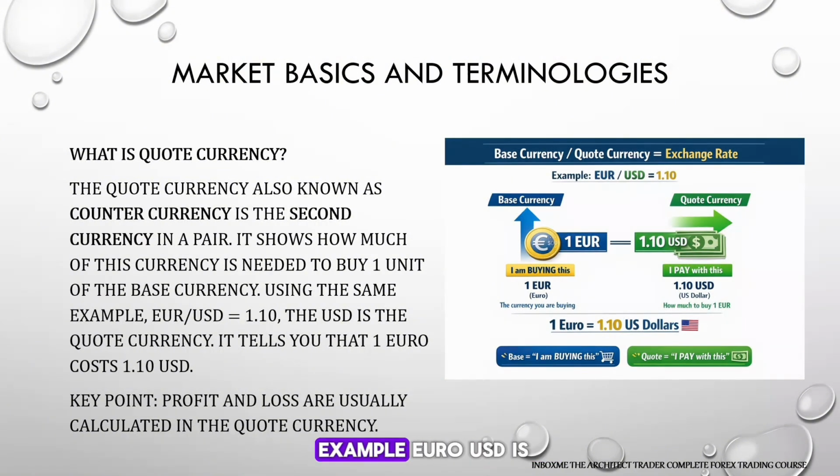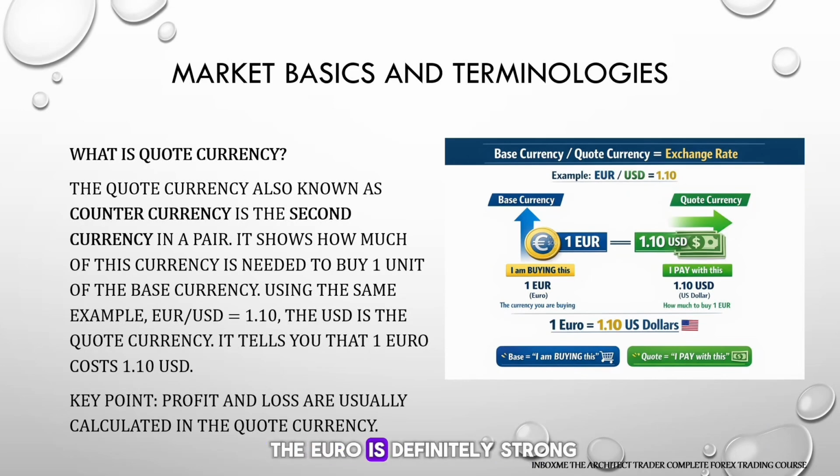Now, in the initial example, euro USD is equal to 1.10. Since our profit and loss are calculated in the quote currency, that means we're spending more US dollars to get just 1 unit of the euro. Remember that for the base currency, we're just calculating 1 unit of it, and the USD now depends on the exchange rate. Now, if we are to swap it, we definitely know that the euro is strong.